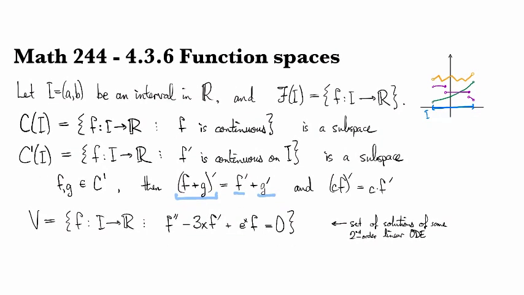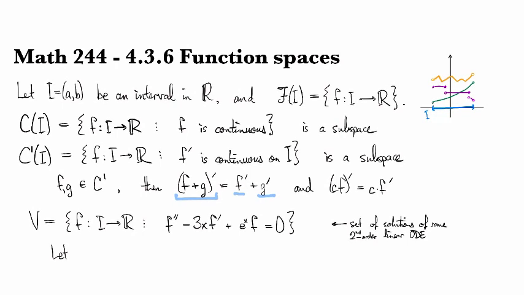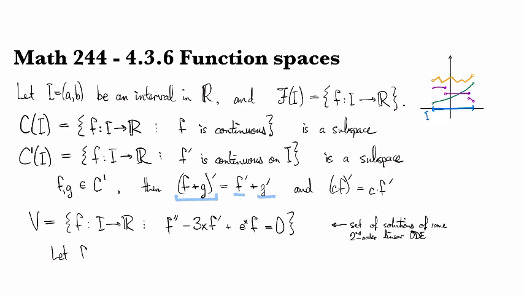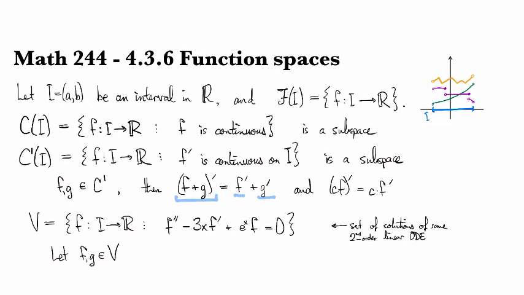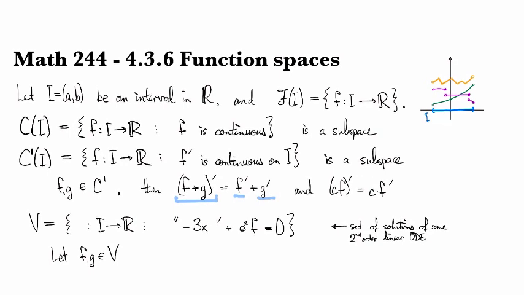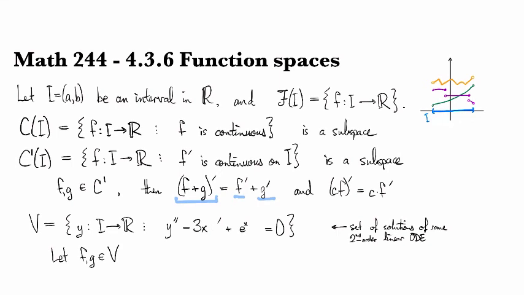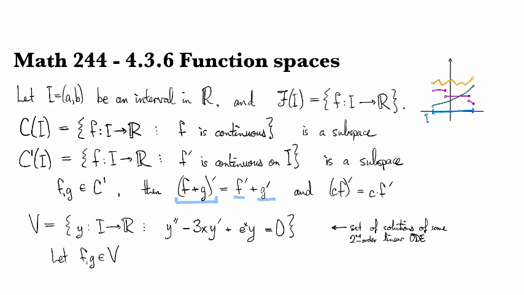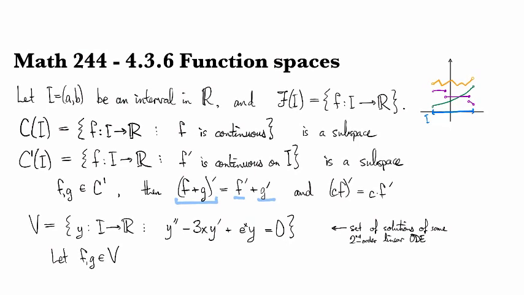Well, let's see. So suppose I let f and g be elements of V. Okay, so maybe this would actually look better if I replace this f here with y. Okay, that makes me a little happier. So let's suppose that we have two solutions to this differential equation.